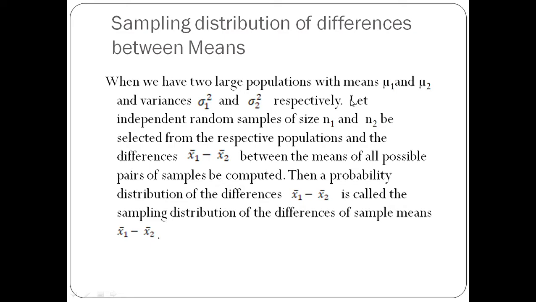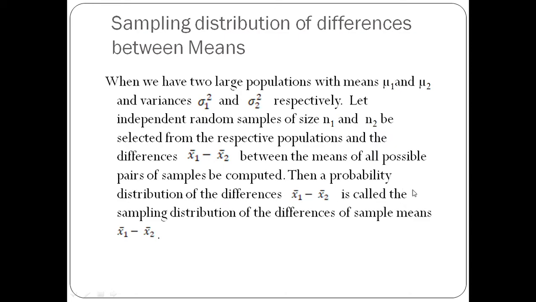Now, when we have two large populations with mean mu1 for the first population and mu2 for the second population, and variances sigma 1 square and sigma 2 square respectively, let independent random samples of sizes small n1 and small n2 be selected from the respective populations, and the difference x bar 1 minus x bar 2 between the means of all possible pairs of samples be computed.